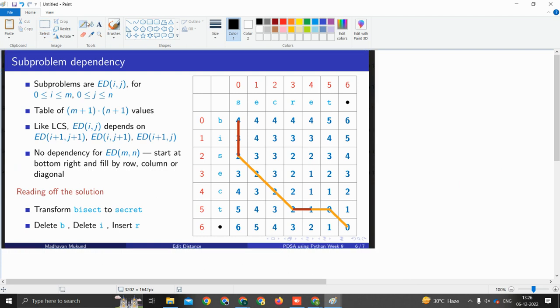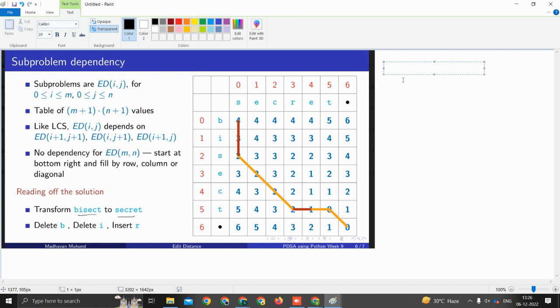One more thing, Navika. So let's see how this is. You're transforming bisect to secret. That's the point here. If you want to transform bisect to secret, you come from the top to bottom.